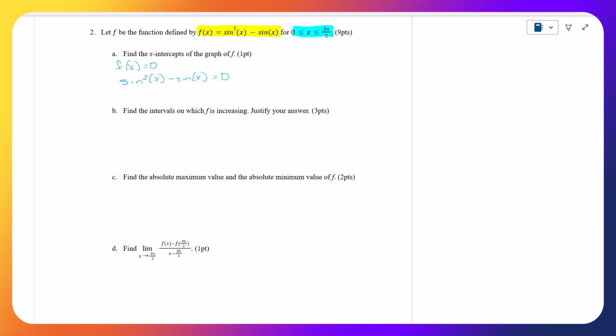All right, so as I was saying, I saw some of y'all add sine x to both sides, and you get sine squared of x equals sine of x.